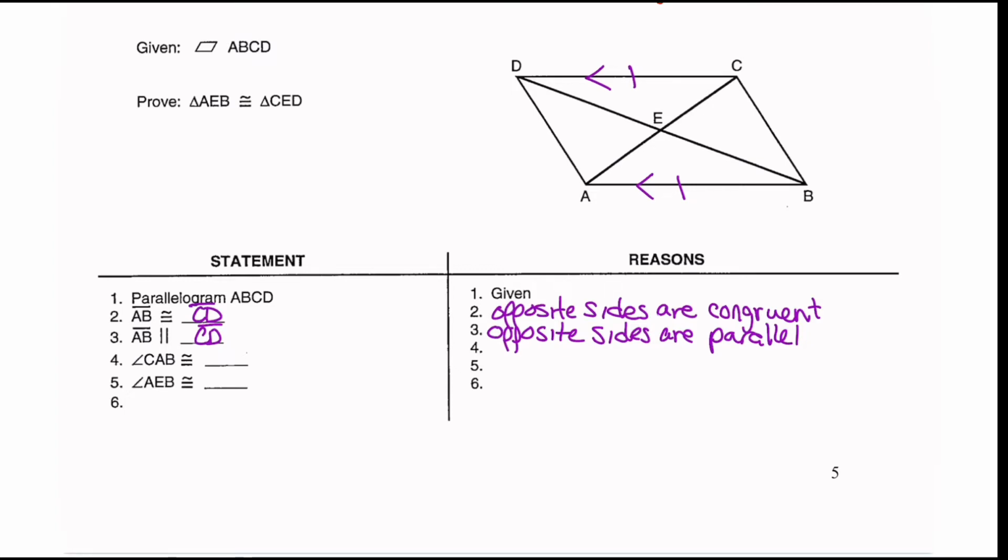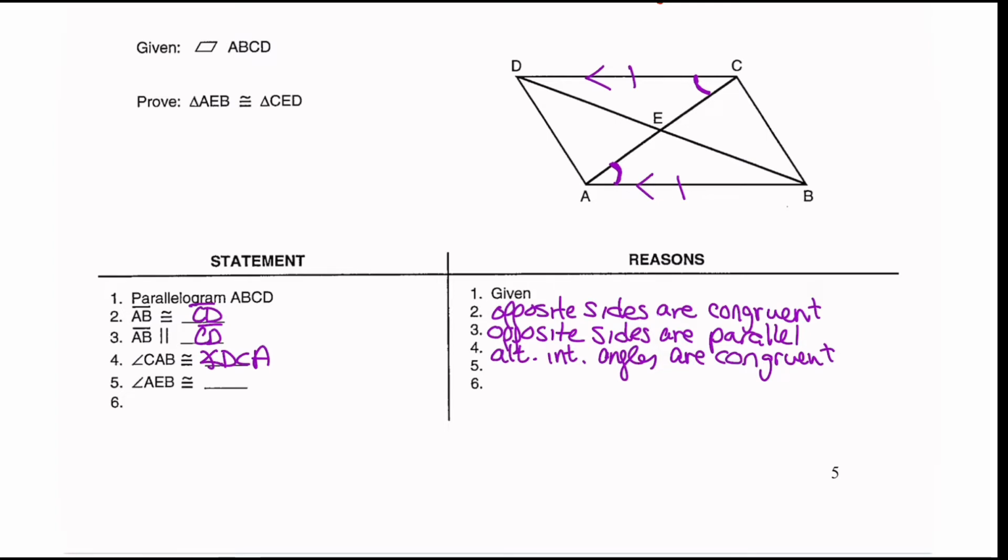Angle CAB, this one, is congruent to its alternate interior angle buddy, which is up there. We can call that DCA. And we would say alternate interior angles are congruent. We have that angle AEB.